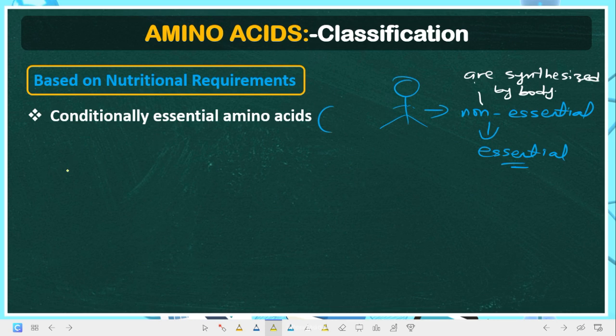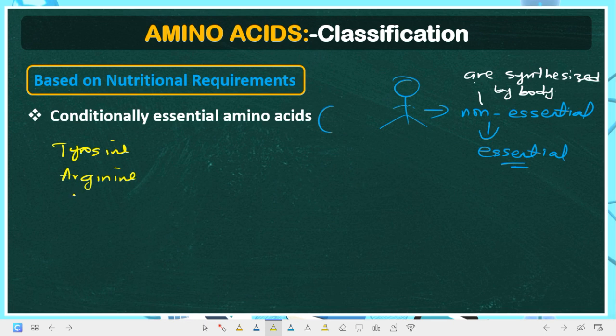And two of the conditionally essential amino acids we have are histidine, tyrosine, and arginine. All these ones, they are conditionally essential. And cysteine, glutamine, proline. Let me take an example: tyrosine, arginine, even histidine.